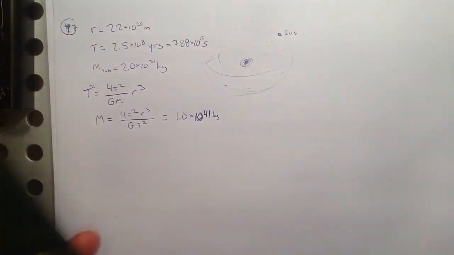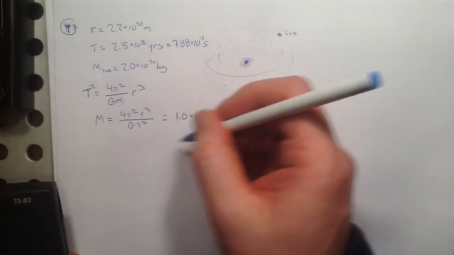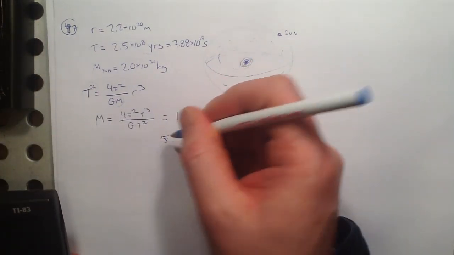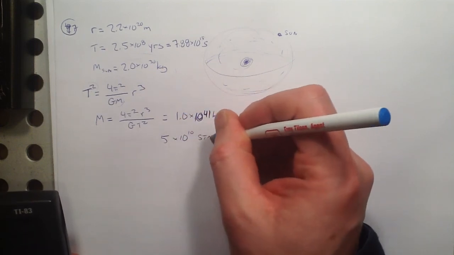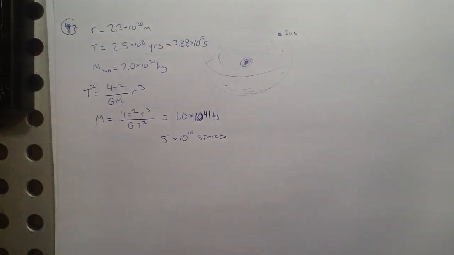And that gives me about 5 times 10 to the 10th stars in the galaxy. That is about 50 billion stars by this way of approximating it.